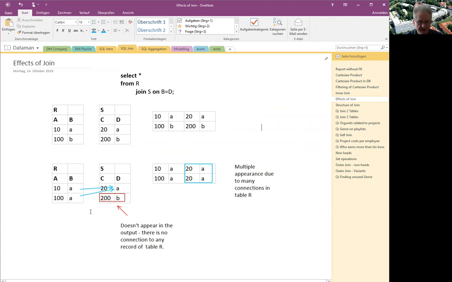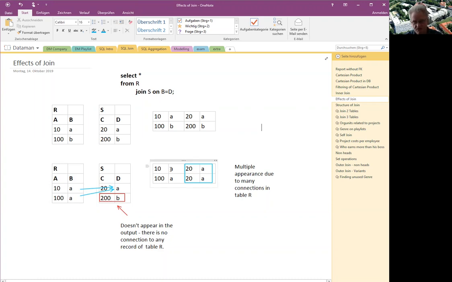So now I have taken the same tables again, but as you see, I have changed this second row in the R table. I've switched from B to A. So now let's carry out the join again. Taking the first record here with the first record here, they fit.